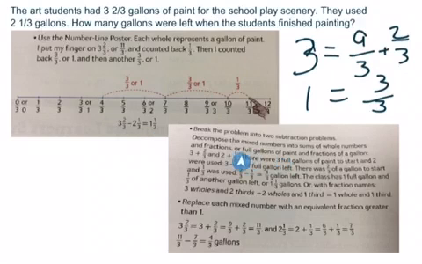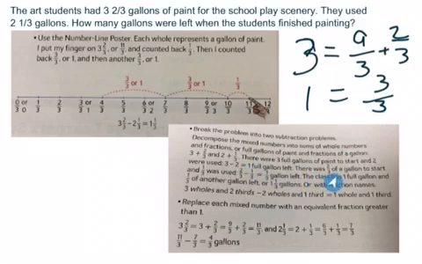Another way I could do it would be to break the problem into 2 subtraction problems. I'm going to decompose the mixed numbers into sums of whole numbers and fractions, or full gallons of paint and fractions of a gallon of paint. So my 3 plus 2/3 and my 2 plus 1/3, that's how I decompose them. There were 3 full gallons of paint to start and 2 were used. 3 minus 2 gives me 1 full gallon left.